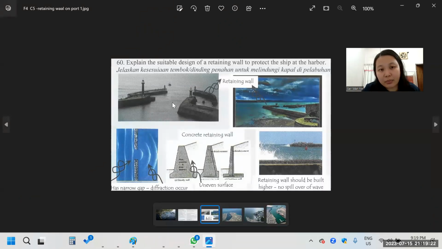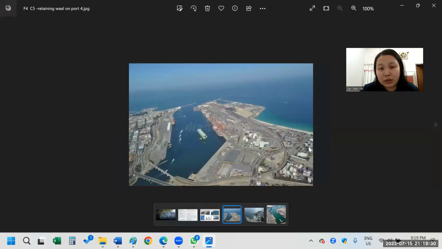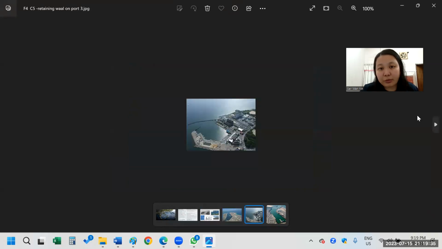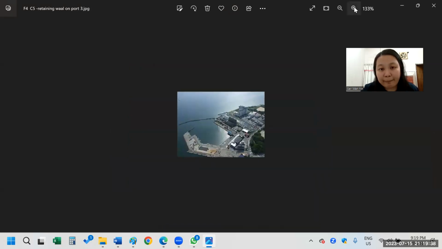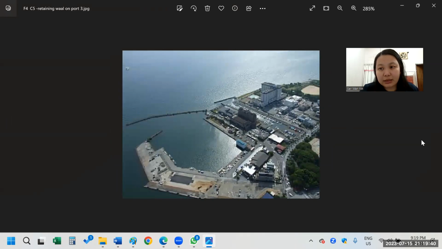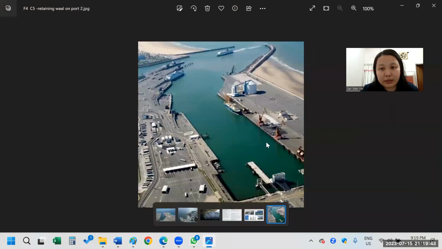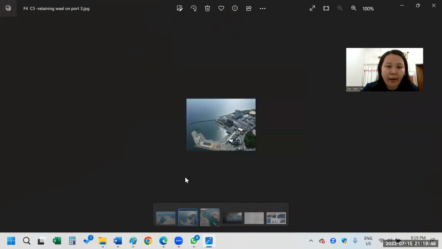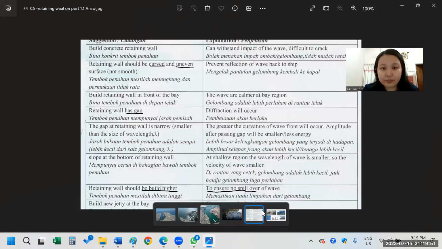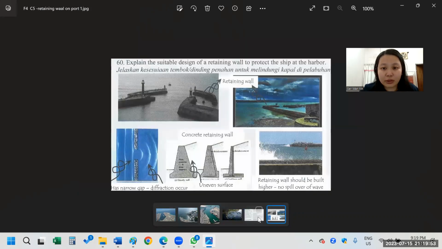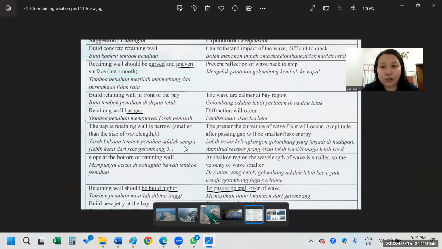Now this one, some openings. Narrow gap so that diffraction occurs too. Then you can see the harbor normally got the retaining wall like this. Okay, so this is the suggestion and reason.